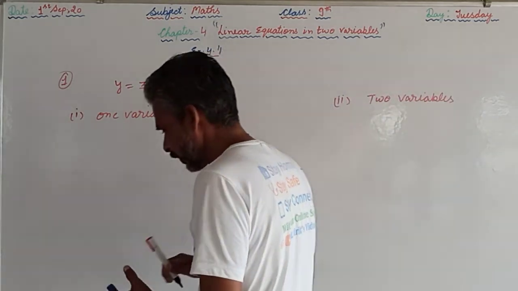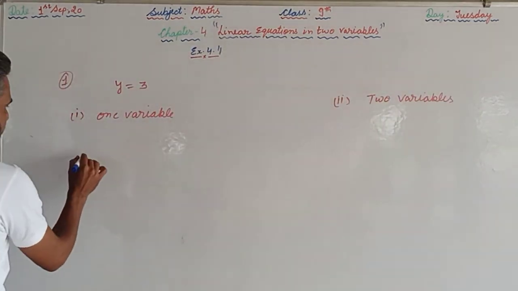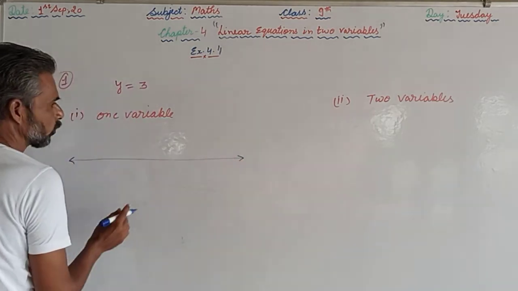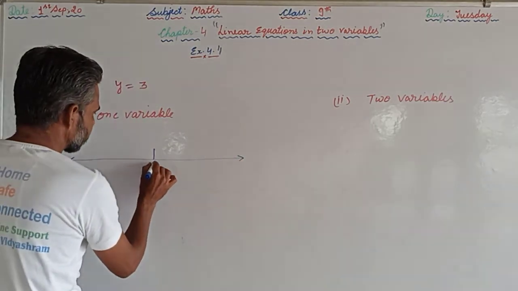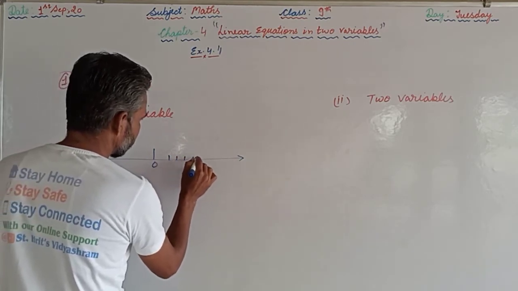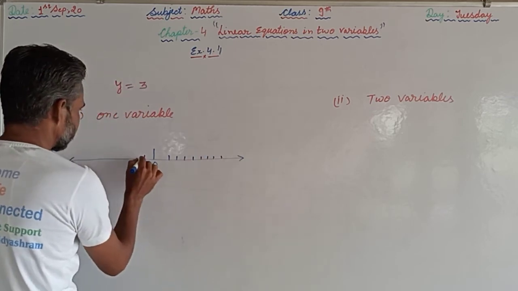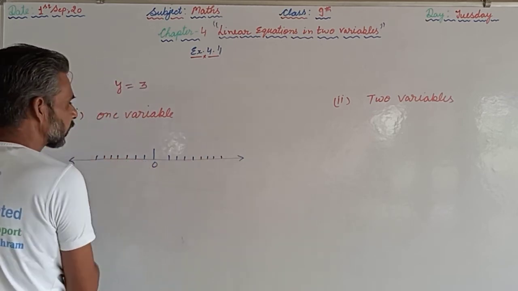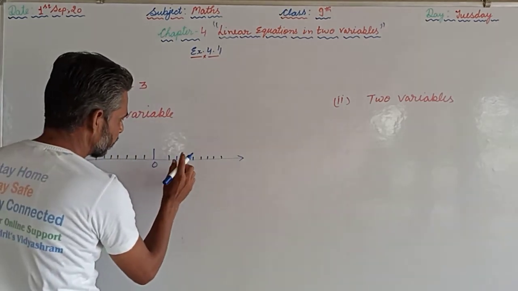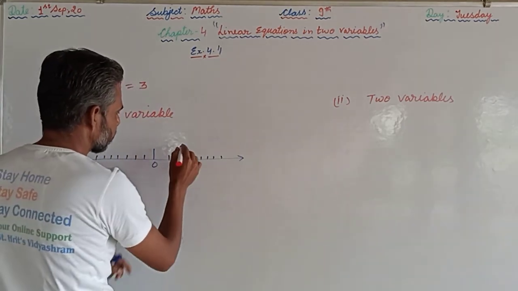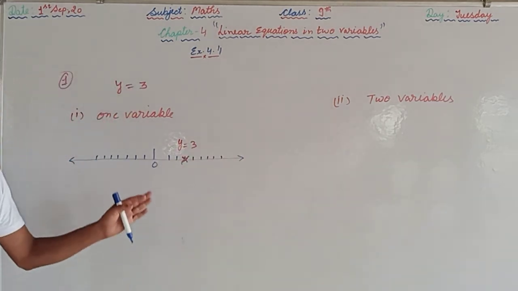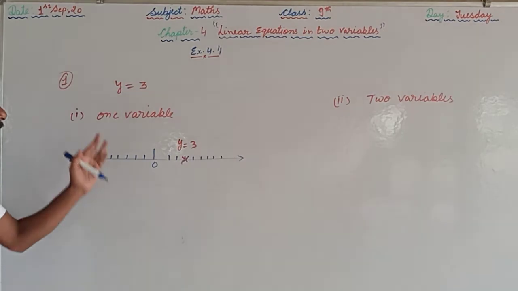Geometrical representation in one variable will be on the number line, because there is only one variable: 0, 1, 2, 3, 4, 5, 6, 7, 8, and this side it is negative. We have the positive value of y, that is 3. So 1, 2, 3, that is y is equal to 3. This is y is equal to 3. That is the geometrical representation in one variable.